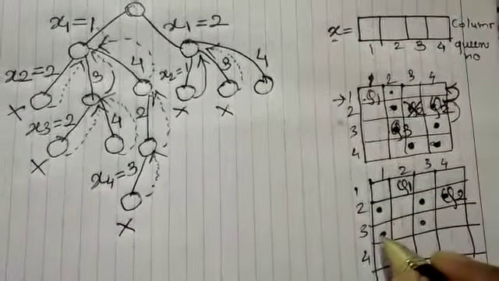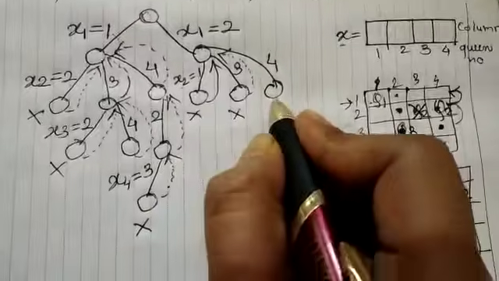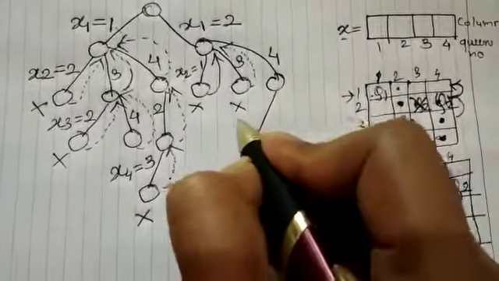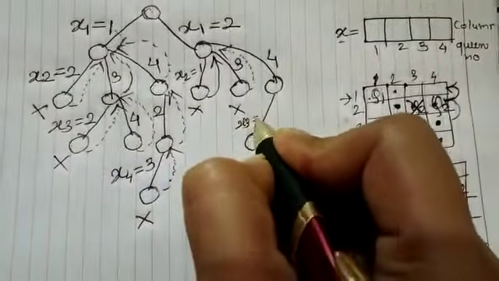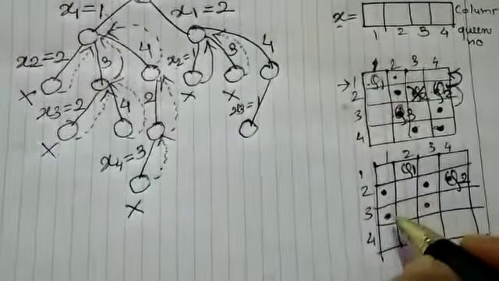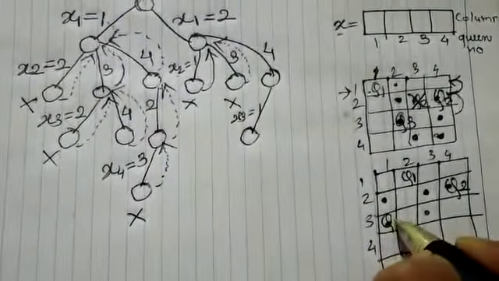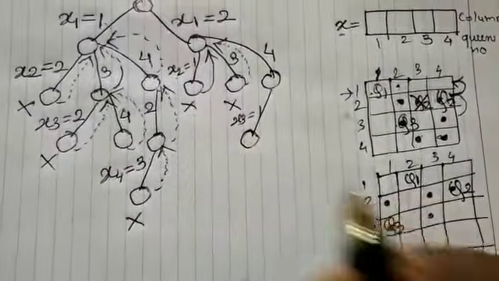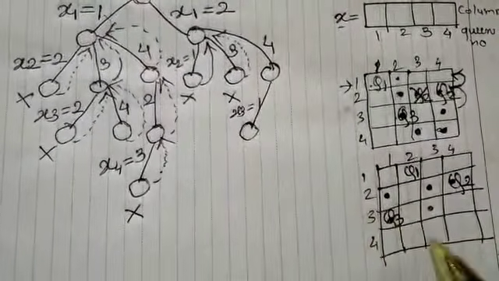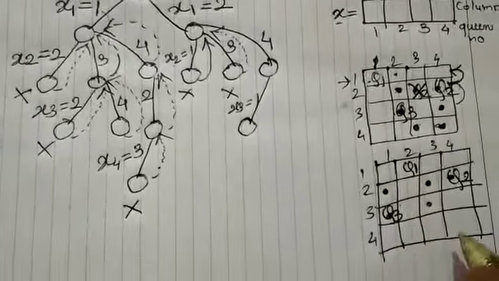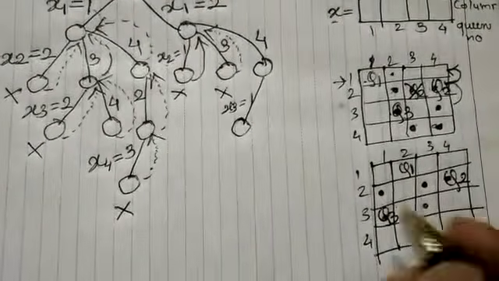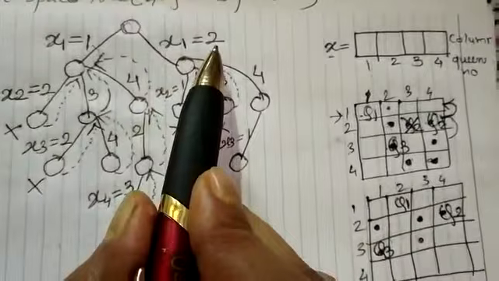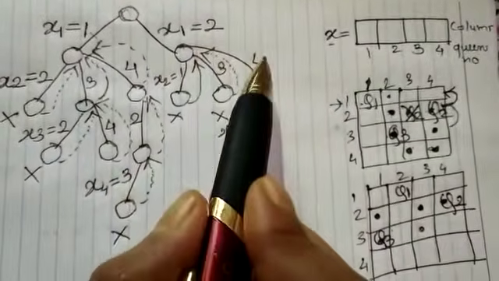So let's consider first column, where x3 equals 1. That is, queen 3 will be placed in the first column. When we place queen 3, now we have to go for placing queen 4, and in that scenario we have already occupied column 2, column 4, column 1.